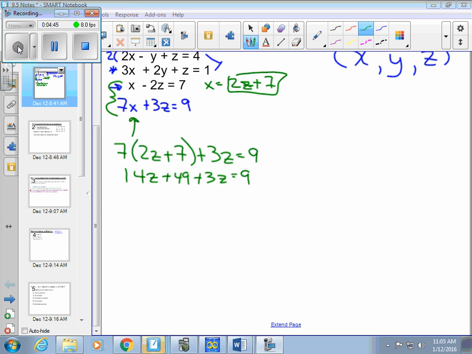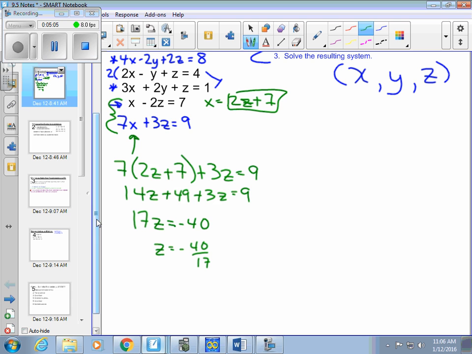Combining our like terms, 17z equals, moving that 49 to the other side, -40. So z is -40/17. Like I said, they might be nasty looking fractions, okay? I'm going to circle it because that's one of my answers.